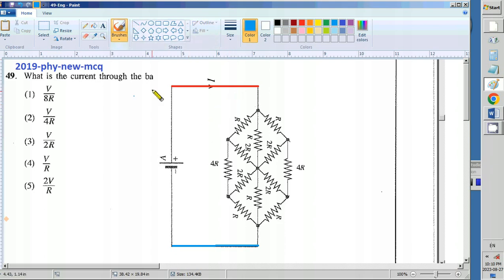Earlier, before I rotated the diagram, if I said this line is the lower and this line is the higher potential, then I don't think you could understand, because the battery positive is that one, battery negative is this one, therefore this one is lower, this one is higher.